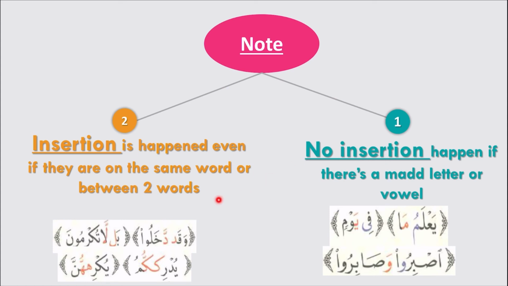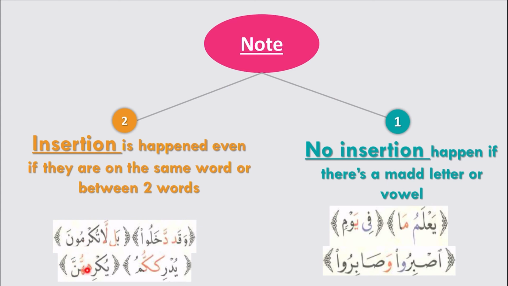And if there are two identical letters, it will become one emphasized letter with a shadda on the second letter, like this: قد دخلوا, two dal together become one emphasized dal, a dal mushaddad. بل لا تكرمون, this lam becomes lam mushaddad. يدرككم, both kaf become one emphasized kaf from the second kaf. يكرههن, both become insertion and become ha mushaddad.